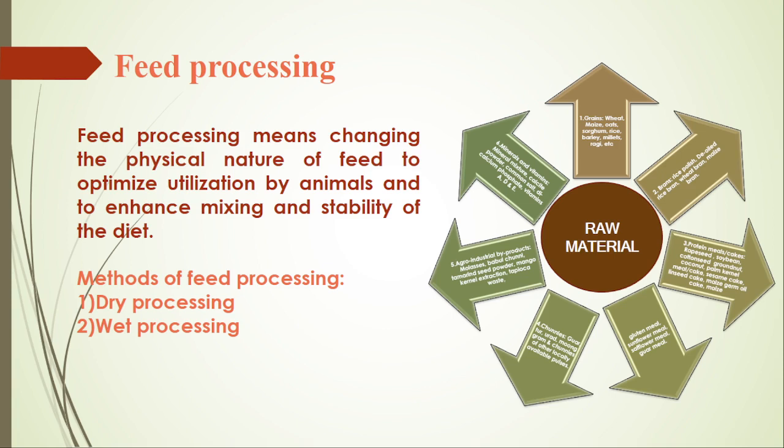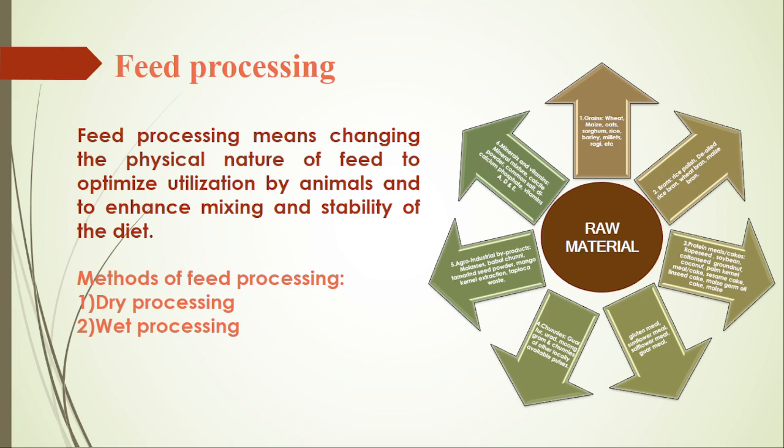Then when we talk about the raw materials which are sources of protein, these are various kinds of oil seeds and oil cakes such as rapeseed, soybean, cotton seed, groundnut, coconut, palm kernel, sesame cake, and maize cake.